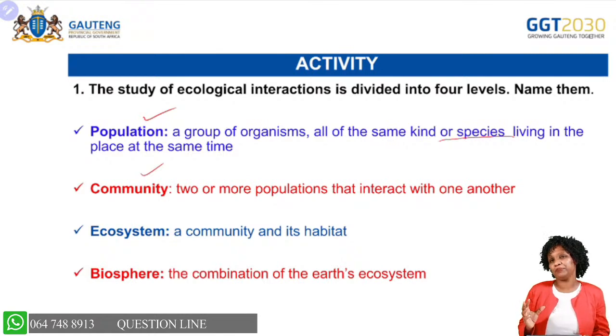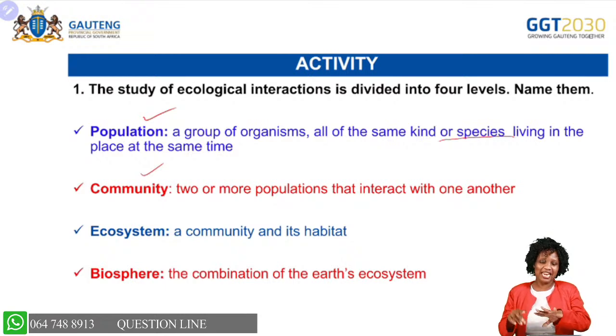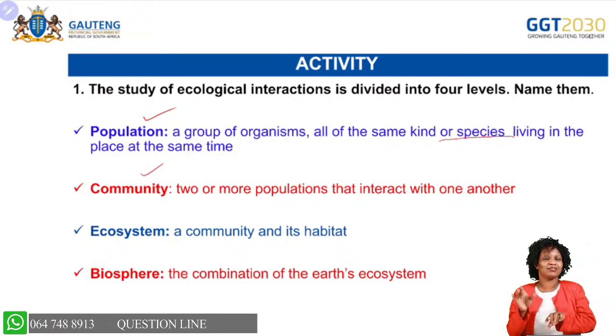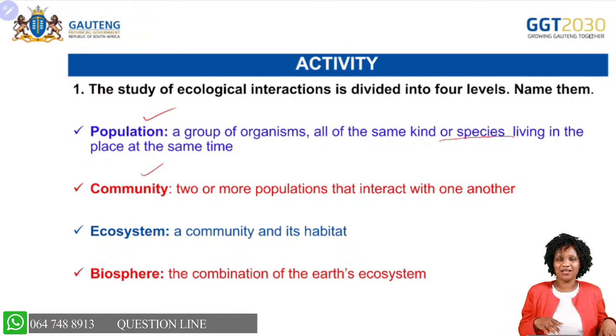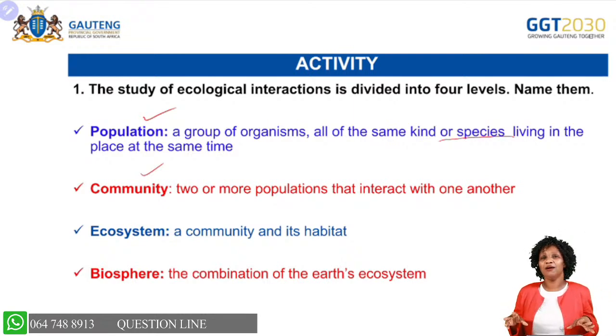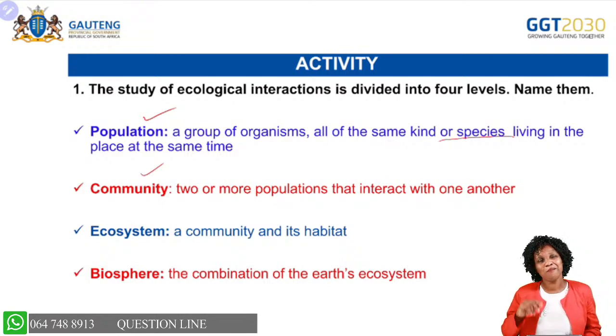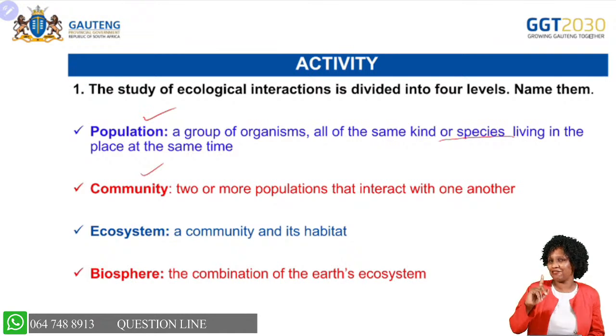For example, if you see different types of animals, let's say you see zebras, elephants, lions, cheetahs, birds, pigs, in the same area, it means it is a community. Why am I saying it is a community? Because they are different and they share the same environment.